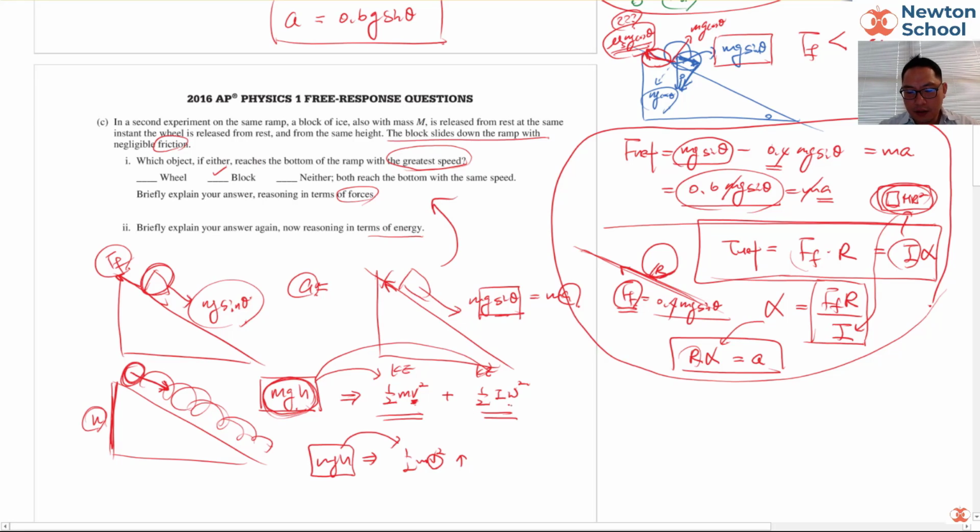In fact, there's a relation between this v and this omega in the case of rolling without slipping, because we know R omega is v. That was one of the bridge equations. So you can replace either v by R omega or omega by v over r. Then you can figure out what percentage of this potential energy goes into translational or rotational. I think I mentioned that in my lecture earlier, so I want you to note that.